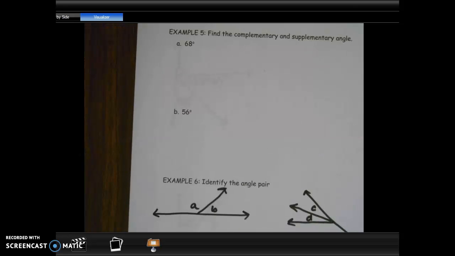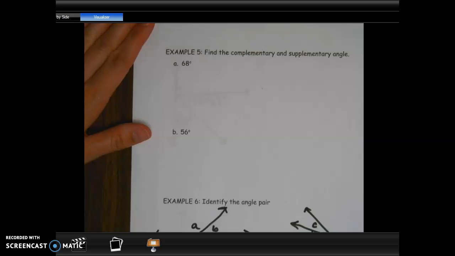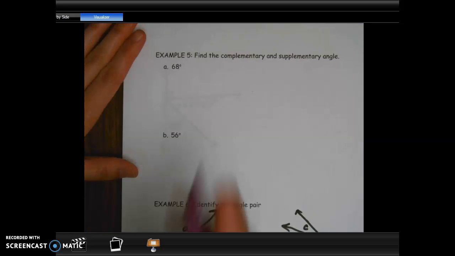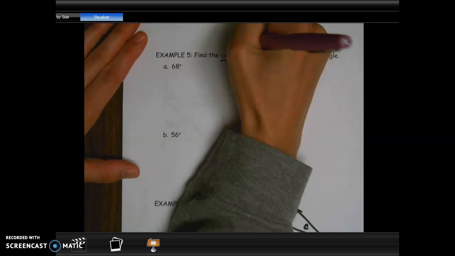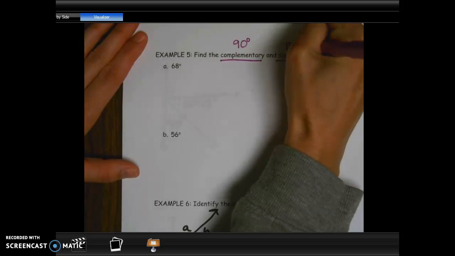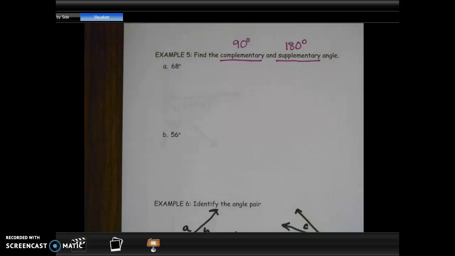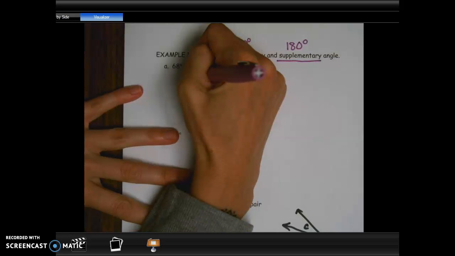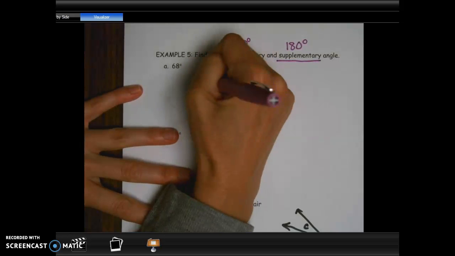So example 5. Find the complement and supplement of the angles. So remember, complementary means we're dealing with 90 degrees. Supplementary means we're dealing with 180. So if we want to find the complement and supplement to the angle, we need to subtract whatever we're given from 90 and from 180. So starting with our A, we have 68 degrees. So we'd say, okay, 90 minus 68.